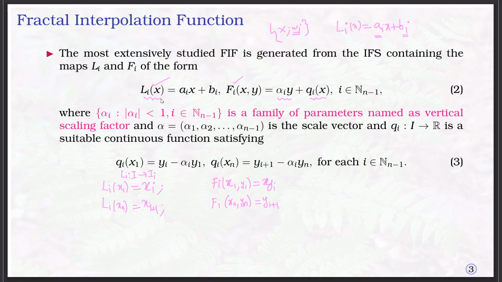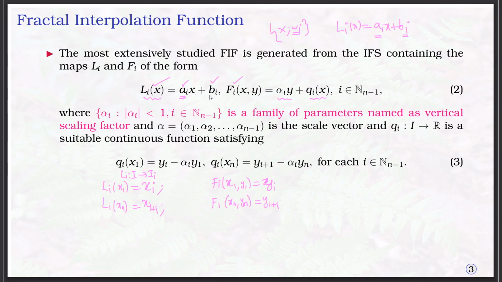In the Li of x we have the two parameters ai and bi. This ai compresses the whole x interval into the sub x interval, and this bi shifts to the sub interval towards the right so that the endpoints will be matched.